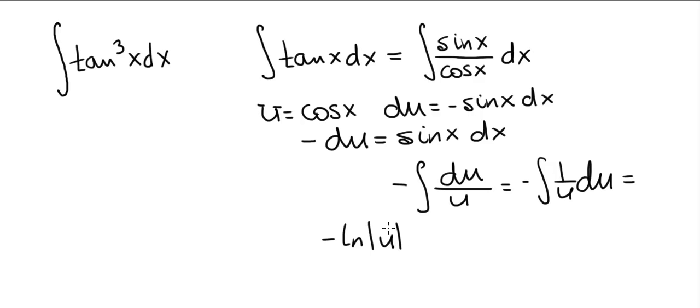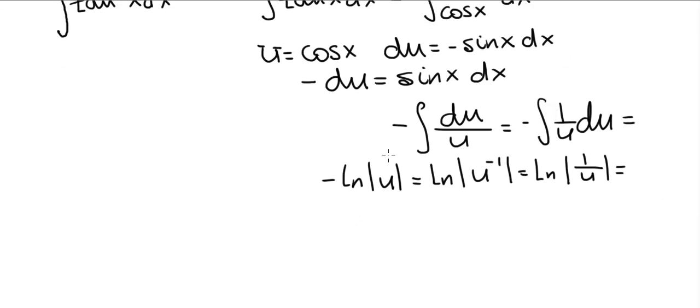We can send the minus inside. That's natural log of absolute value of u to the minus 1 power, which is the same as natural log of absolute value of 1 divided by u. Now we replace our u with what it's equal to, which is cosine. So natural log of 1 over cosine of x.